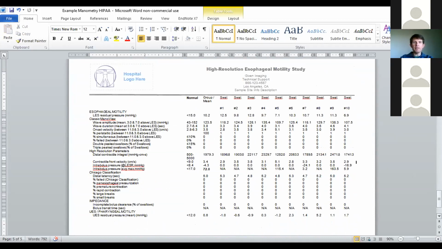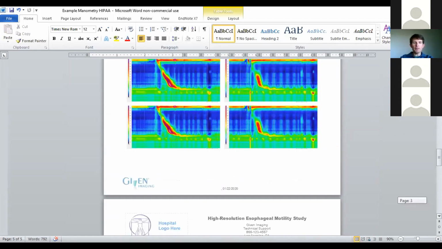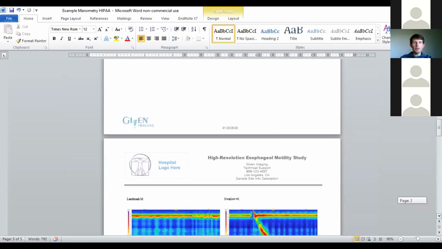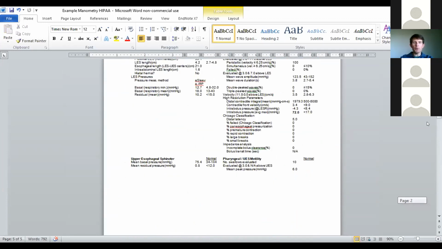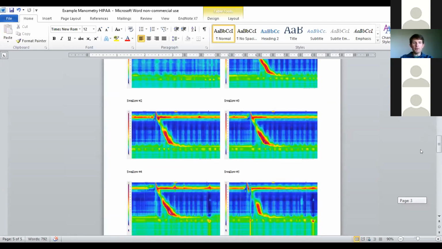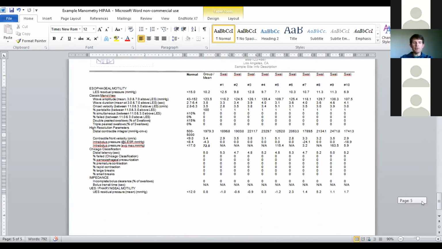We don't just send a brief summary based on our interpretation of the data, because it is really helpful, particularly I think for surgeons, but also for gastroenterologists and other referring physicians, to look at this full report to have an idea about what the swallows actually look like, and what the individual data points are that we're using to come up with our diagnoses.